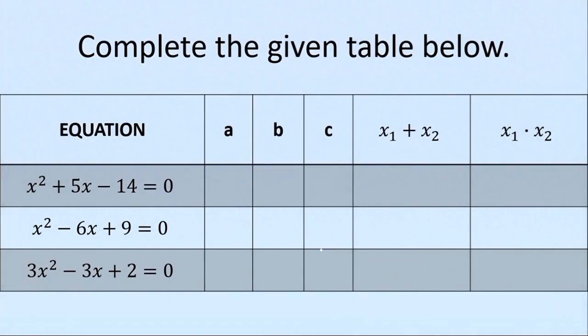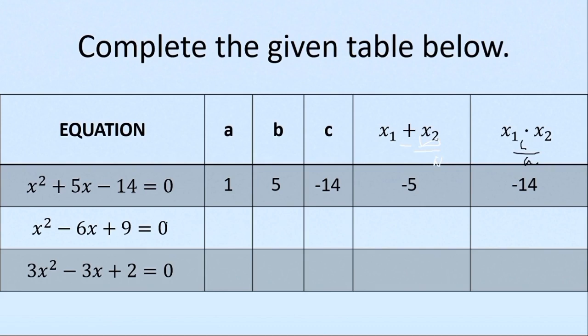Now we can complete this, right? Let's identify the value of a, b, and c. 1, 5, negative 14. The sum of the roots is negative 5, the product is negative 14, applying negative b over a here and c over a for the product of the roots.